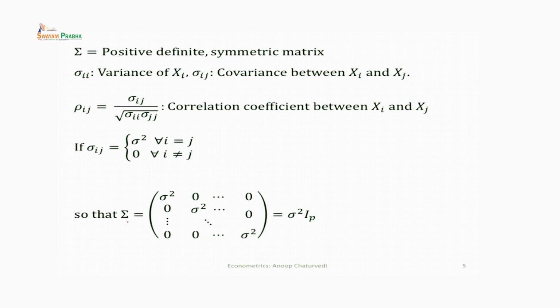So, that capital sigma is a diagonal matrix with diagonal elements small sigma square. All the diagonal elements are equal to sigma square. All the off diagonal elements are 0. So, you can write it equal to sigma square I_p. I_p is the identity matrix of order p.